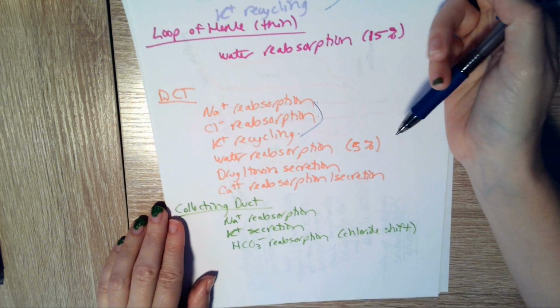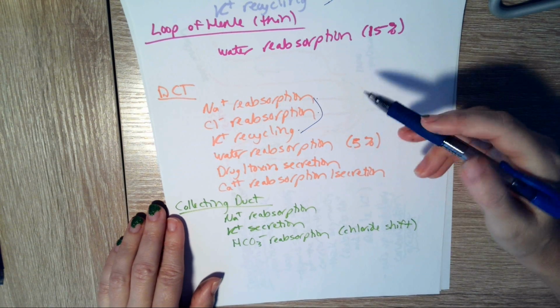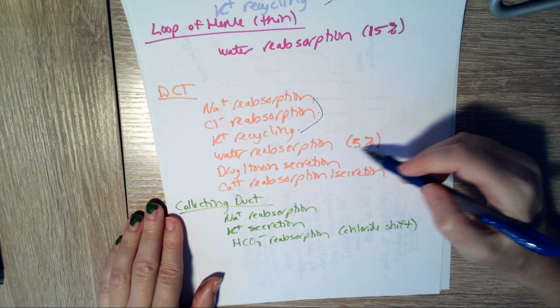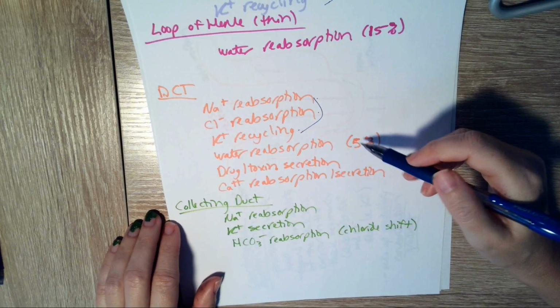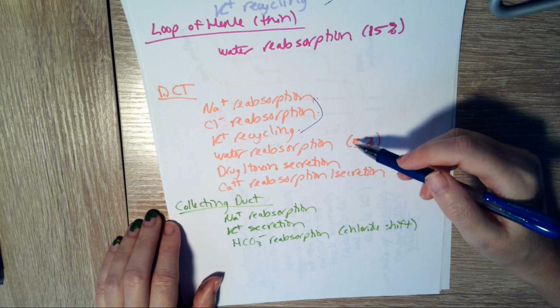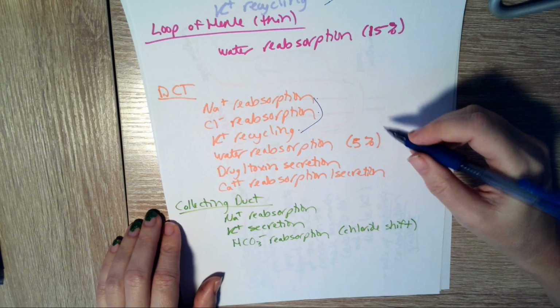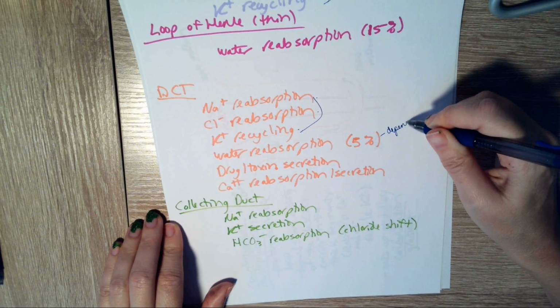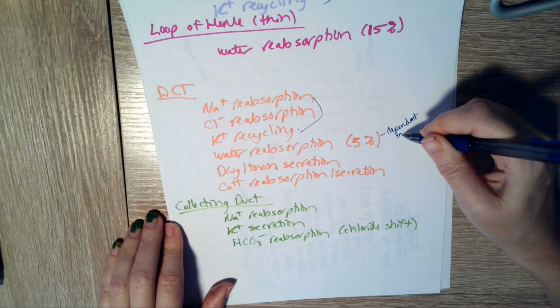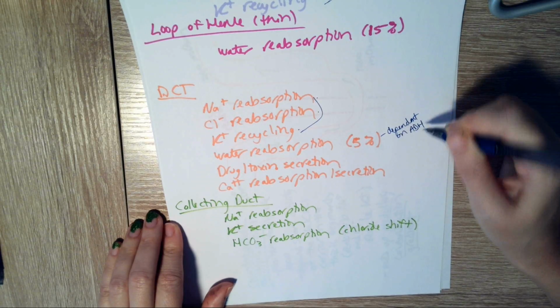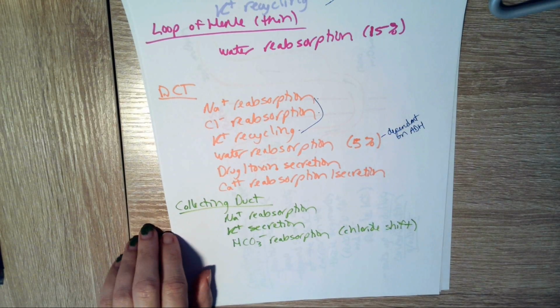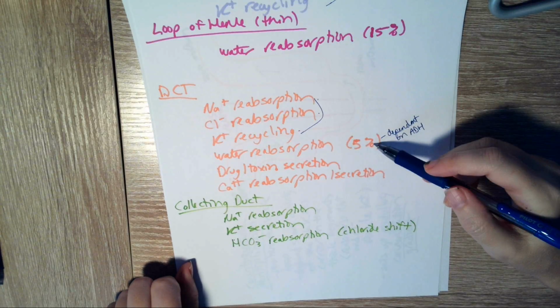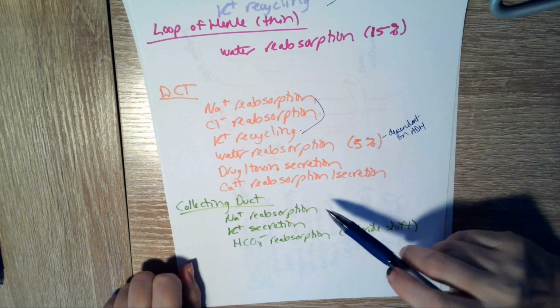So we'll see those doing the same thing there. Water reabsorption, 5%, so not much, but still, makes a difference in how much water you're reabsorbing. And remember, this is dependent on ADH. So if you don't have ADH present, you won't get that last 5% reabsorbed, so you would just urinate away 5% more water there.